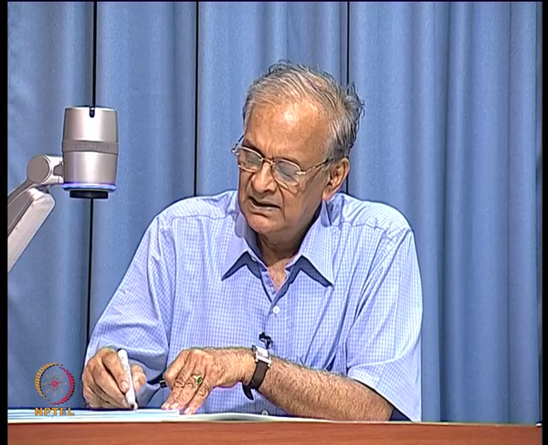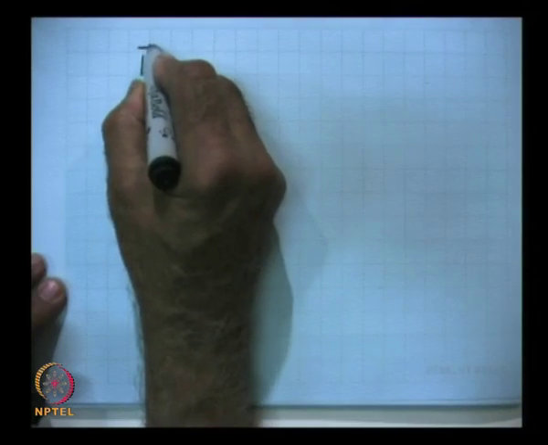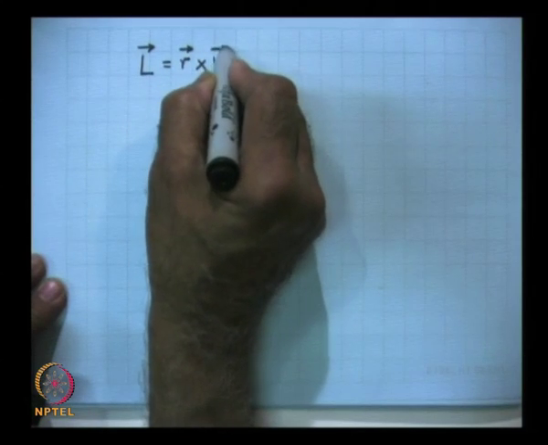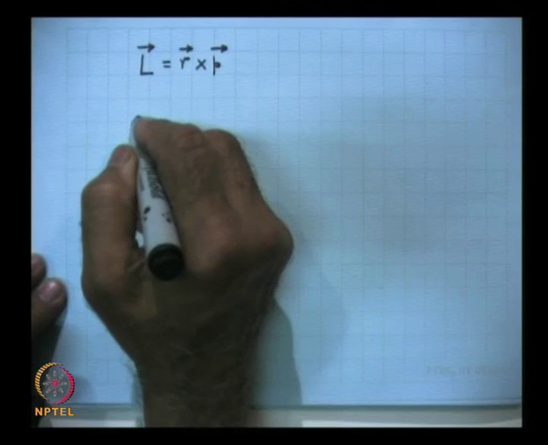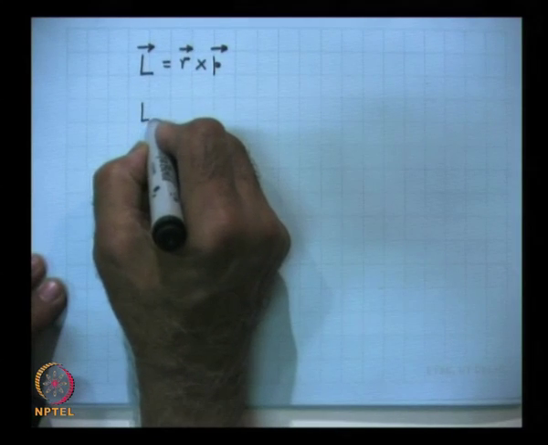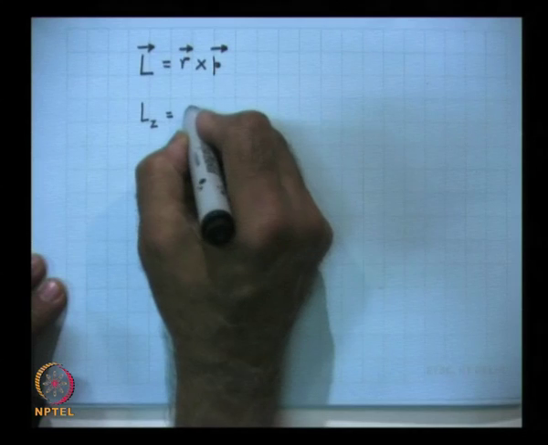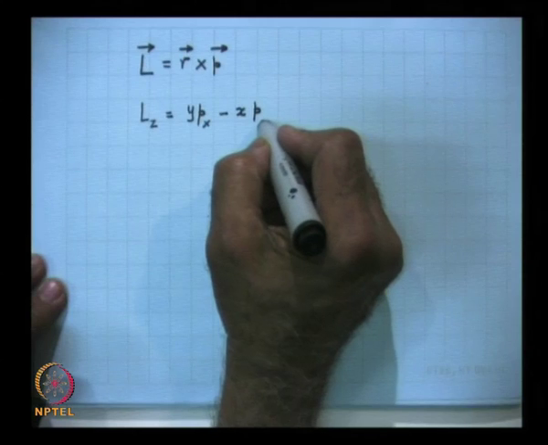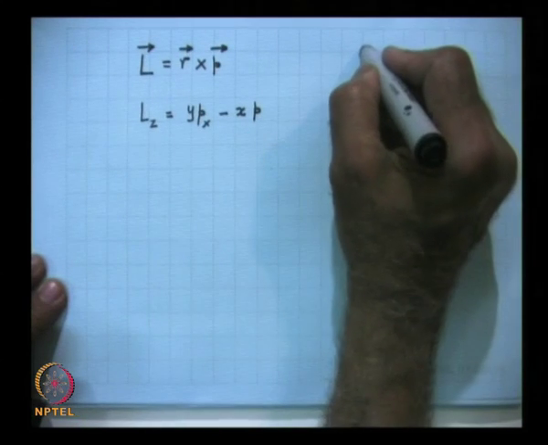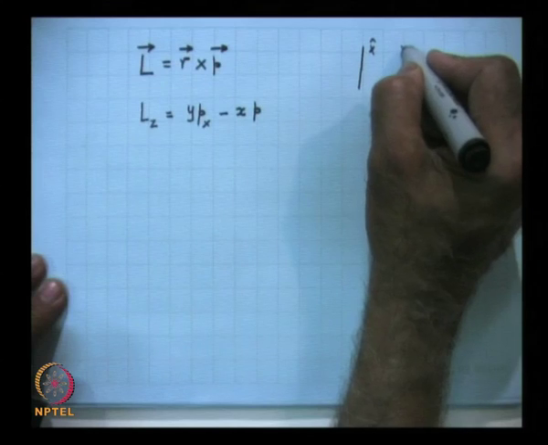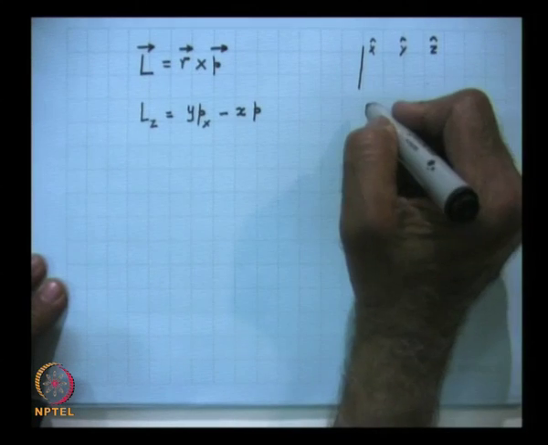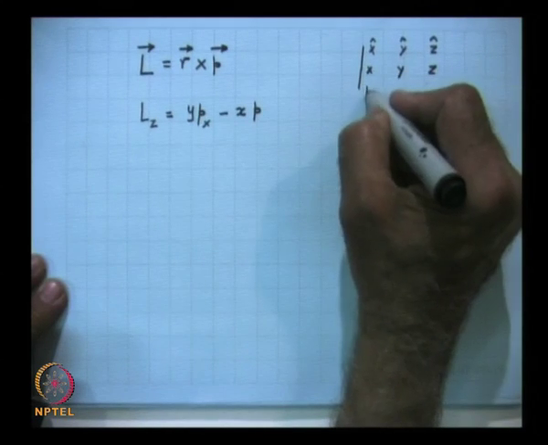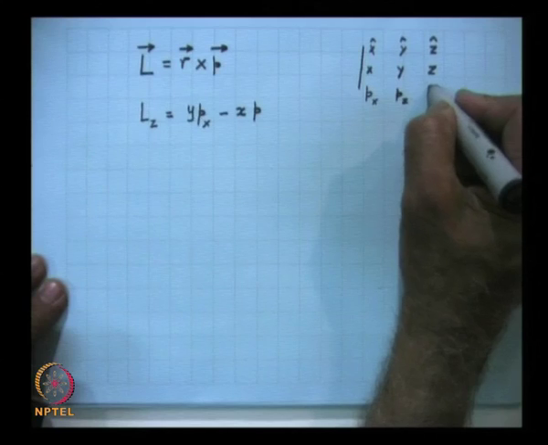We had said that we represented it, as in classical mechanics, by r cross p, but now p is a differential operator. So, for example, the cross product is x cap, y cap and z cap, and x, y, z, p x, p y, p z.